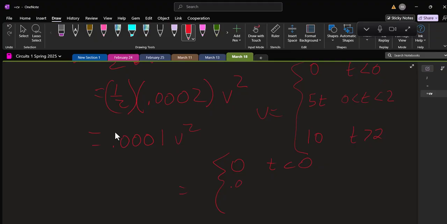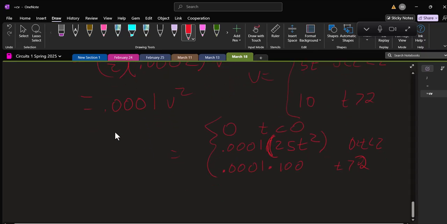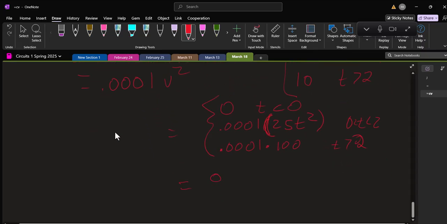And then 0.0001 times 25t squared for t between 0 and 2, and 0.0001 times 100 for t greater than 2, or 0, 0.0025 t squared, and 0.01.